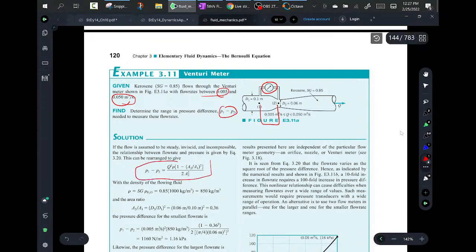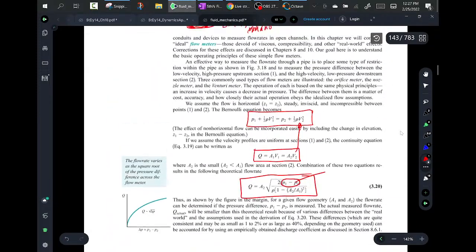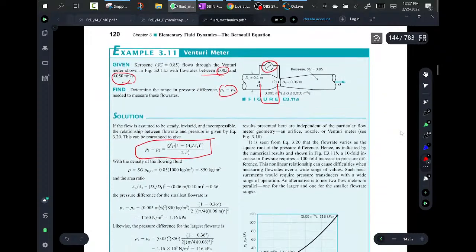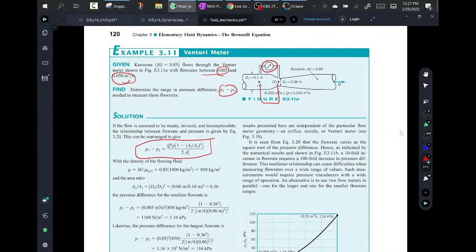He takes the equation, 320, okay. He rearranges it, but to get that equation, he wrote Bernoulli's between 1 and 2, used the continuity between 1 and 2, and came up with that equation. Then he puts in some of his numbers.